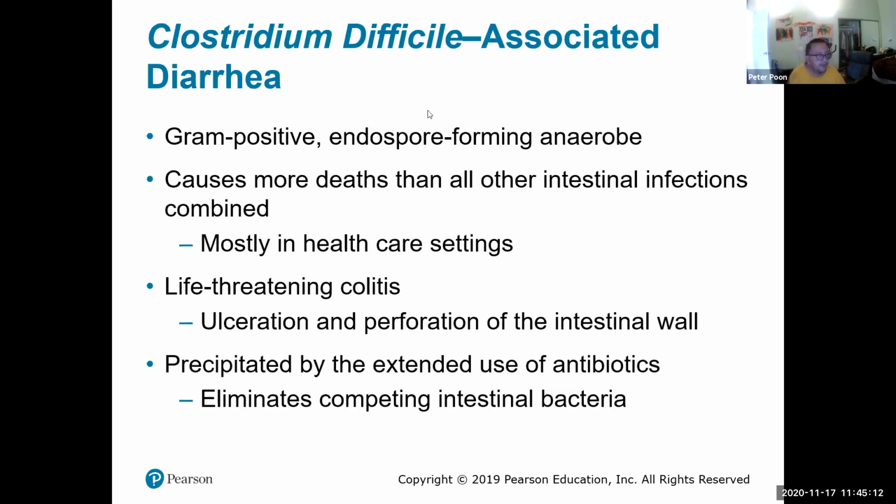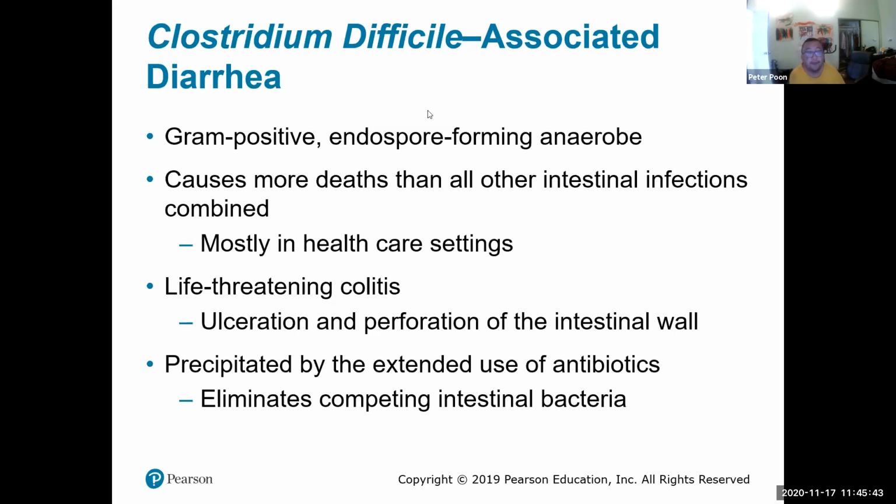C. diff is a gram-positive, endospore-forming anaerobe. It causes more death than all the other intestinal infections combined, and most of it is in healthcare settings. The reason is that C. diff is often a post-surgery complication.